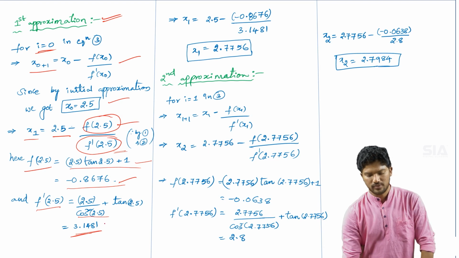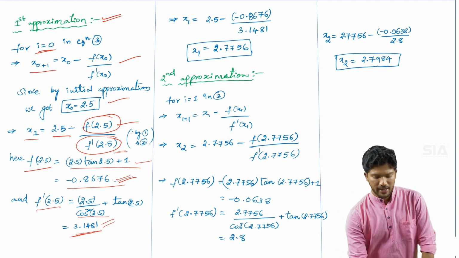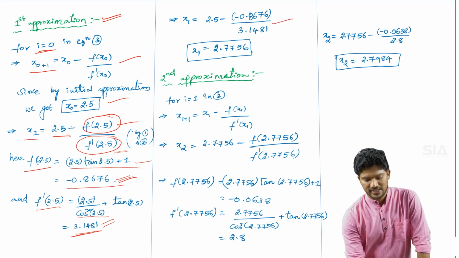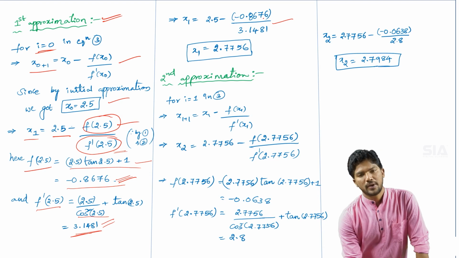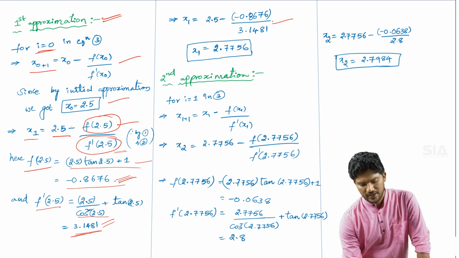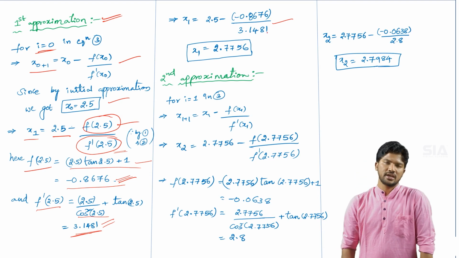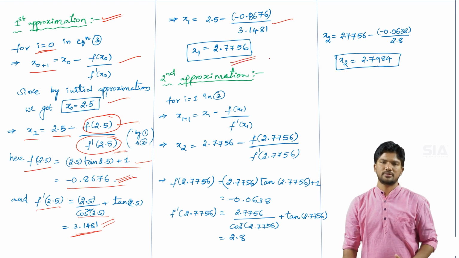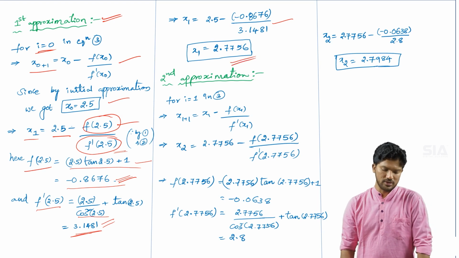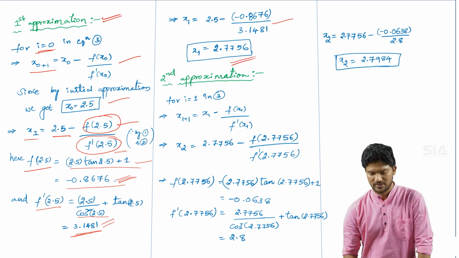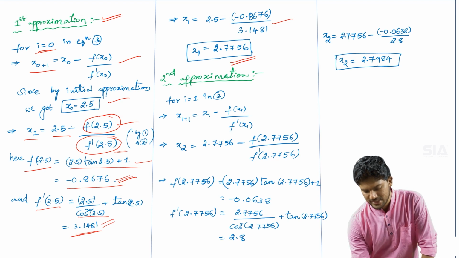Therefore x1 is equal to 2.5 minus of 0.8676 by 3.1481. So if you simplify that, you will get x1, the first approximation of the Newton Raphson method, is equal to 2.7756. Okay, this 2.7756 also exists in between 2 and 3.